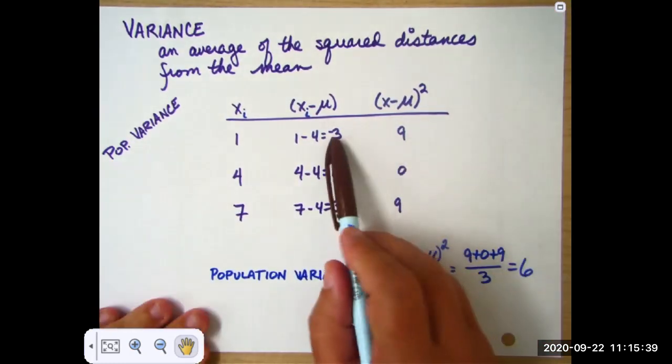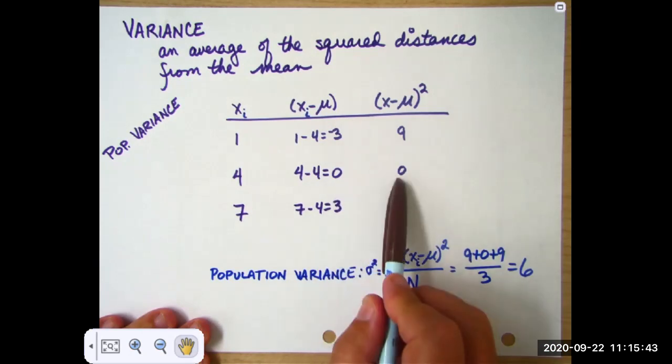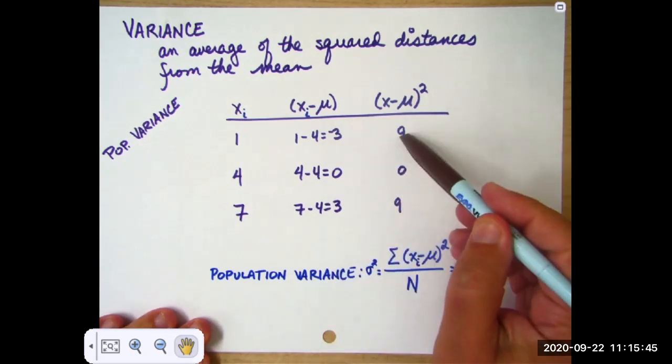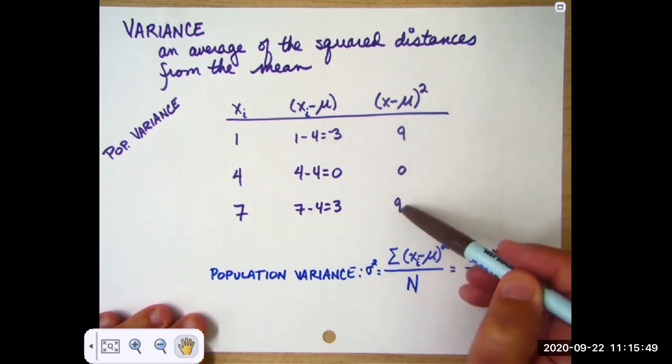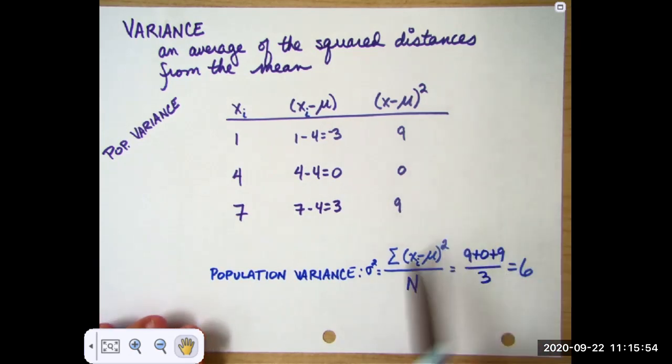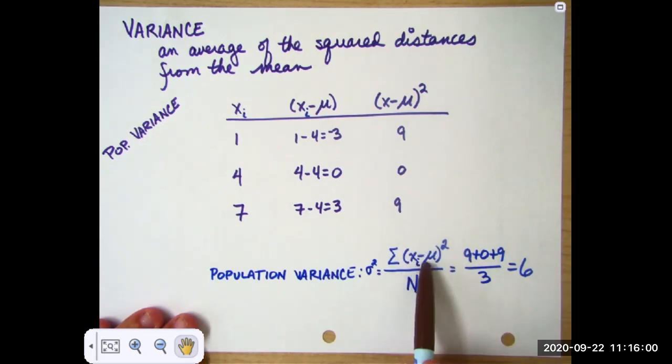So I square -3 and I get 9. I square 0 and I get 0. So this is positive, this is 0, this is 9; each is non-negative. Then, according to my formula for population variance, I take each of those deviations from the mean, I square it, as I've done here, and add them all up.